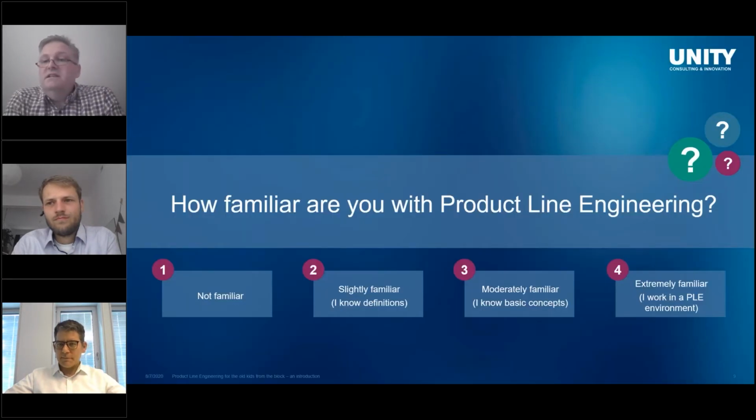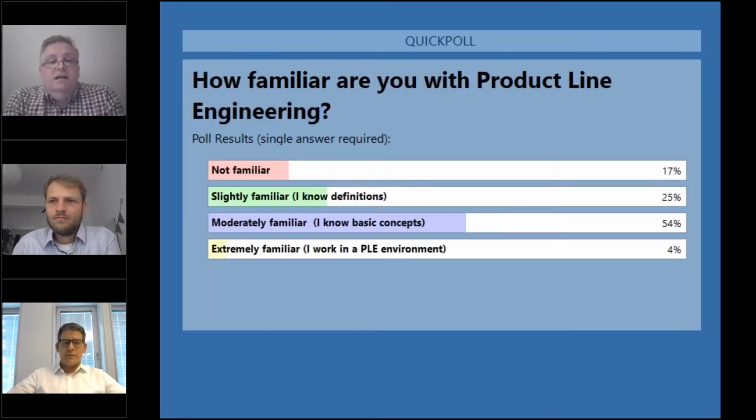Okay, so let's see the result. Oh, so moderately familiar. So we are more or less not beginners. We are on average between slightly familiar and moderately familiar, and we also have some senior experts here, which means we hope that we can capture all of you a little bit.